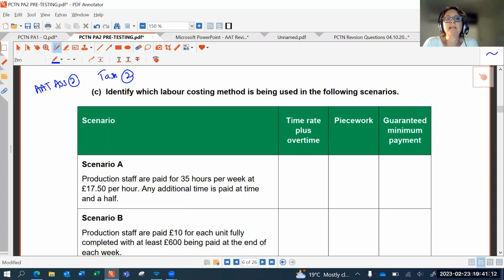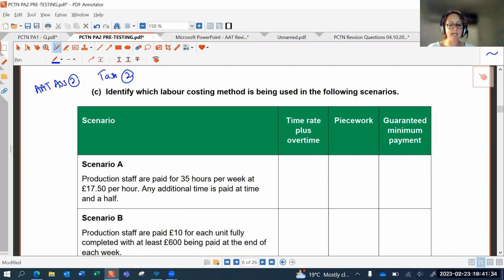So what we're going to do is incentivise you and pay you time and a half. So instead of just the £10 that you normally get, you'll get an extra half of that. So an extra £5. And that extra £5, we call it the premium. So the premium is the name for the bit over and above what the normal hourly rate is.